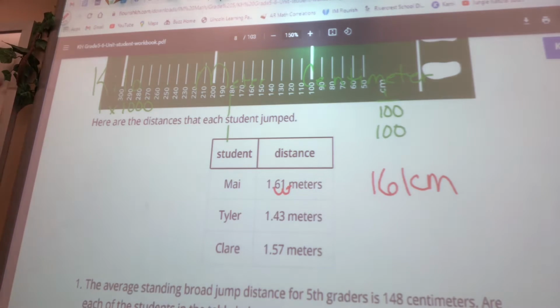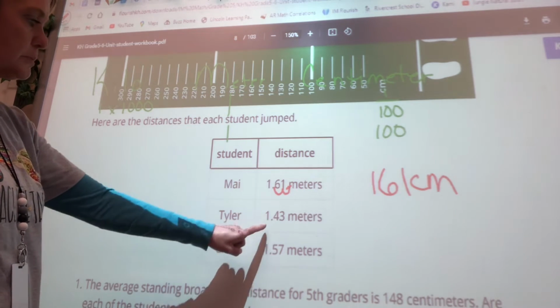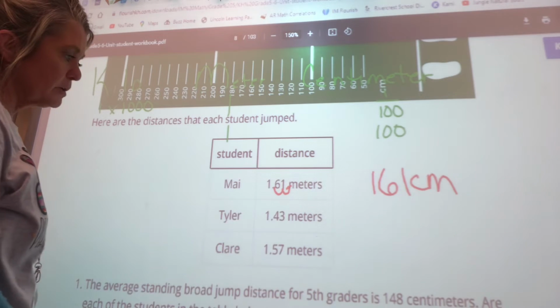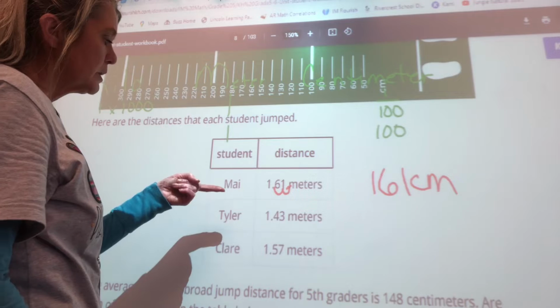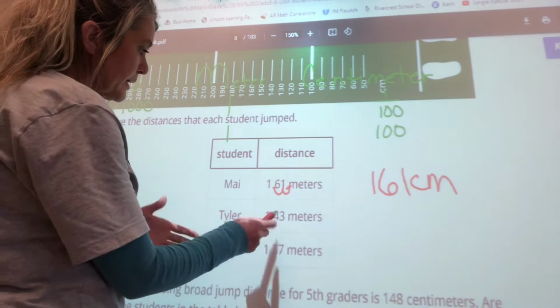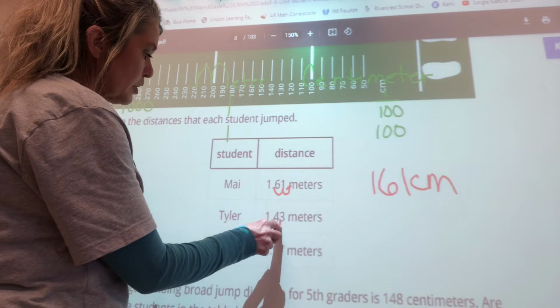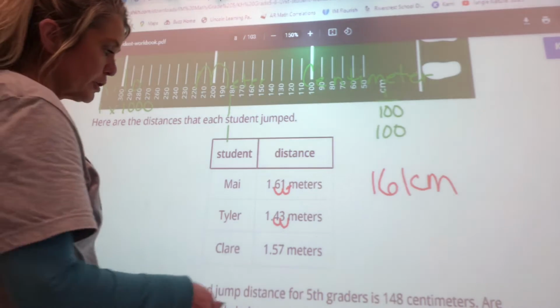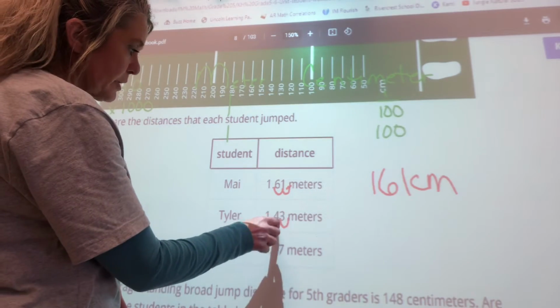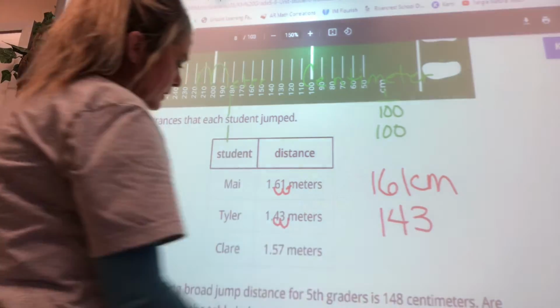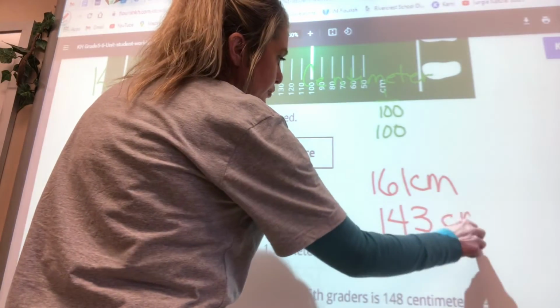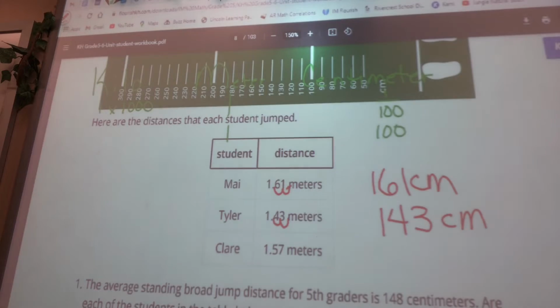Okay? Tyler jumped 1.43 meters. Well, I know that it takes 100 of those, so I know it's going to be higher. And how much is it going to be higher? By 100 place value. So if I move it 2 times, then that tells me that Tyler jumped 143 centimeters.